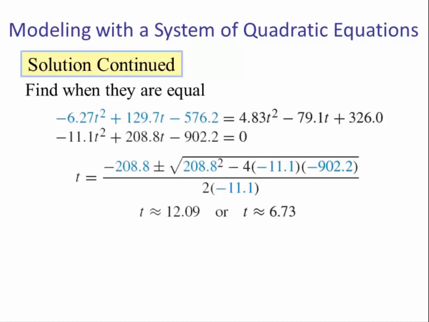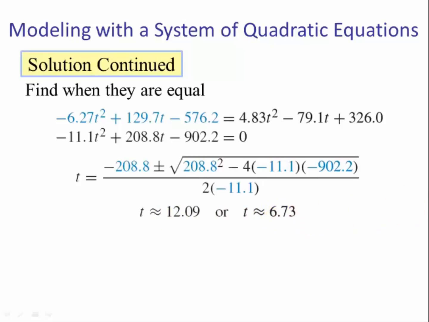Please take the time to verify this. This value corresponds to about 12 years beyond 1990, and this value corresponds to about 7 years beyond 1990. So here we have the year 2002, and this will be the year 1997.